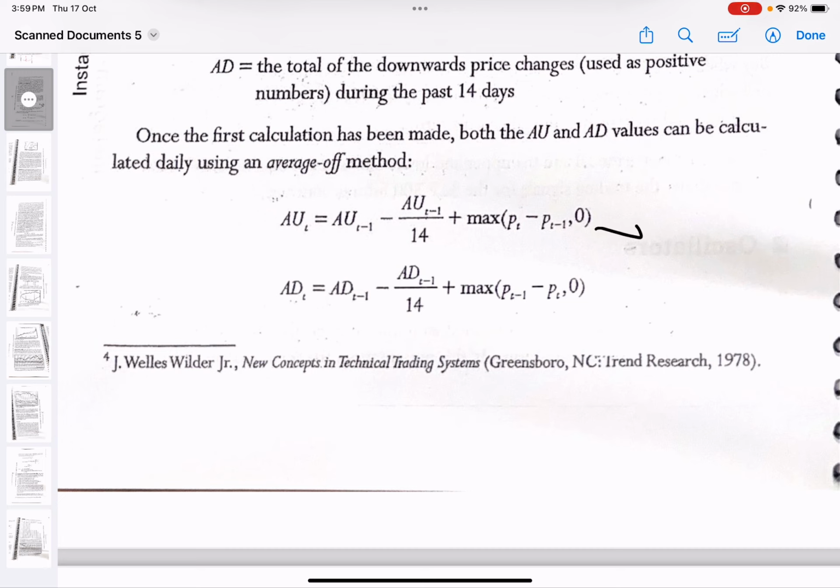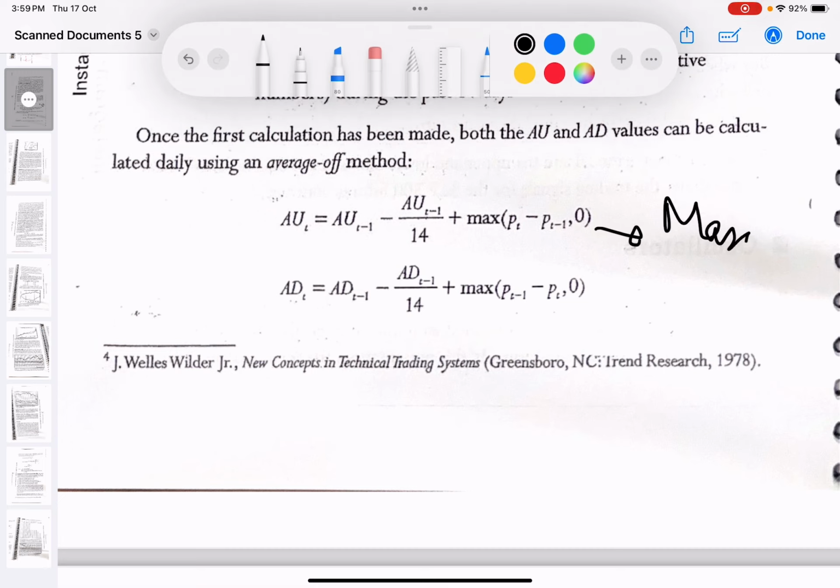MAX is a mathematical concept known as maxima. You need to learn these formulas because this can be tested in the MCQs.